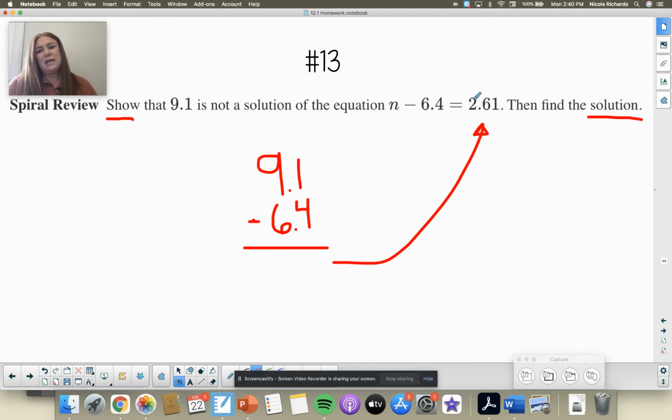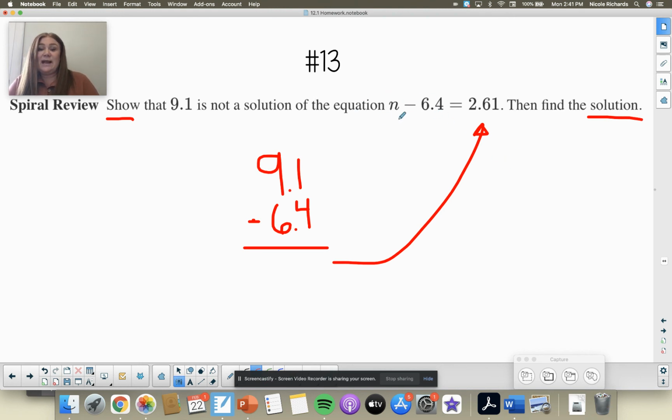So it should not equal 2.61. That is not true. So I can see we need to borrow here. And then we need to find the solution. So first we're saying this is what it should be if 9.1 is the answer. Now we're finding what n actually is.